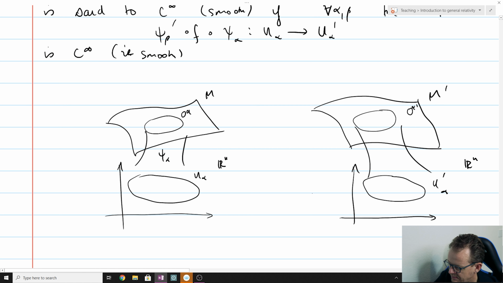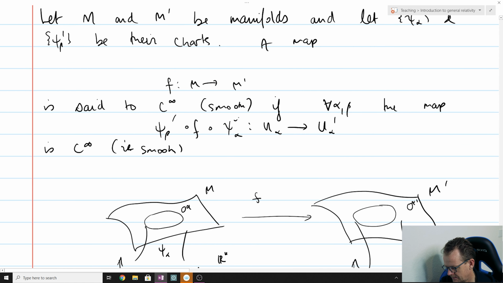I believe there's an inverse missing in my definition here. So F is a map between M and M prime. I believe I have a missing minus here.